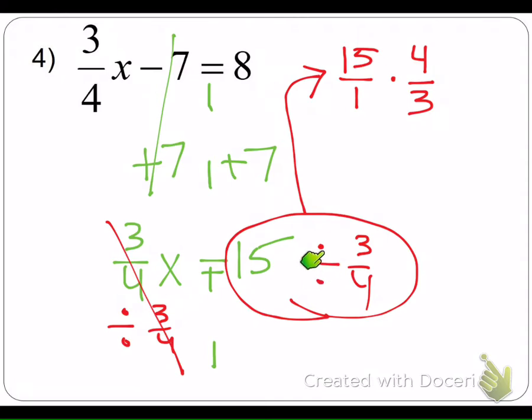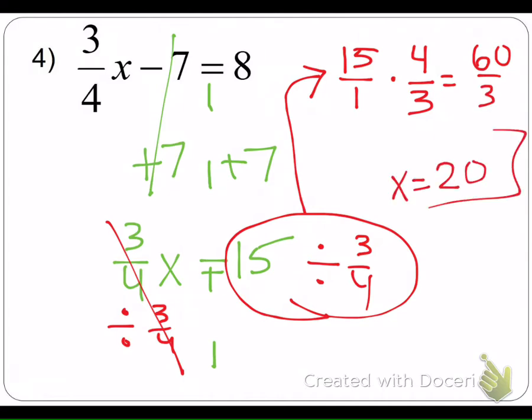So does anyone know what either this equals or what this equals? 60 over 3. That would be 15 times 4. Yeah, it'd be 60 over 3, which reduces to what? Good. So you should get 20.